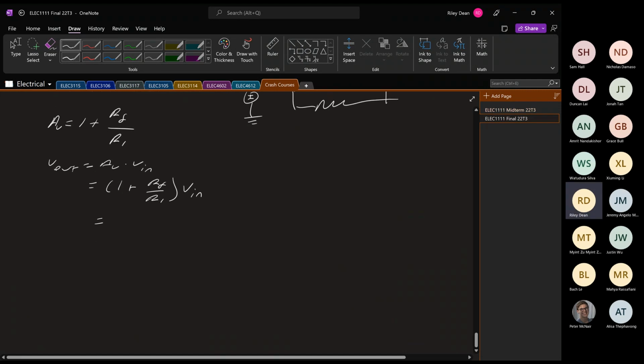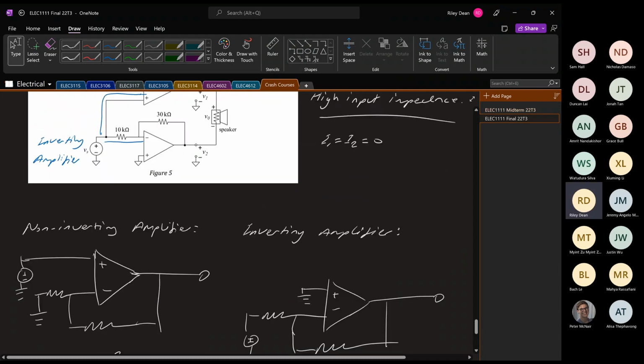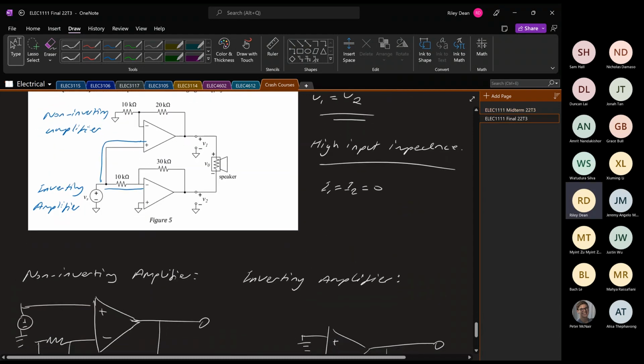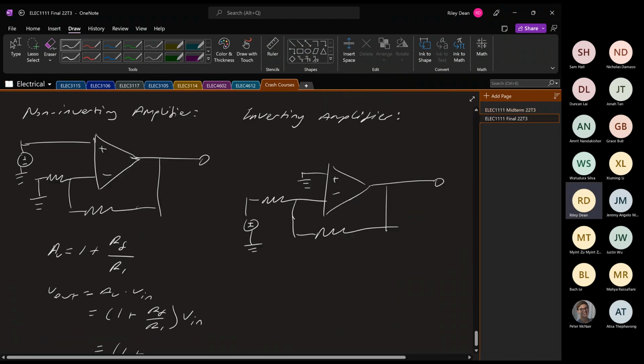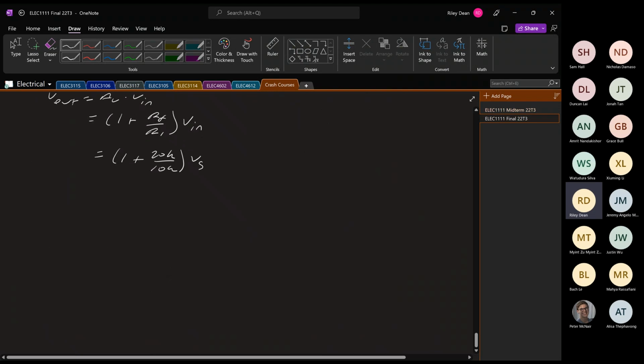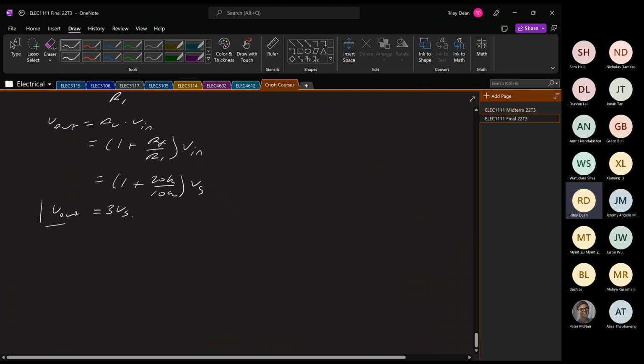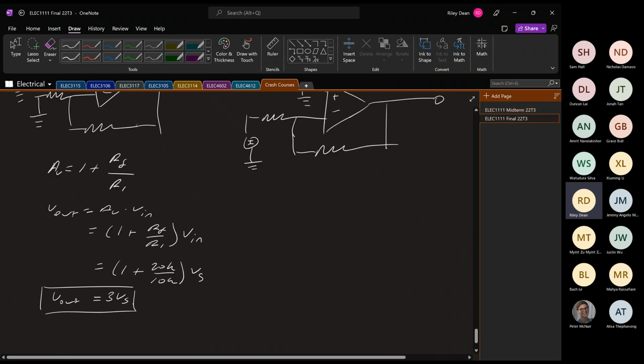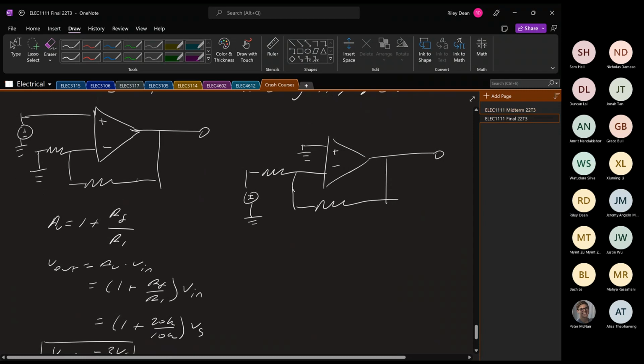So we just need to change some symbols around. So we go 1 plus, let's just check. So we have here, that is RF. It's R1. So we get 20K and 10K. And V in was VS. So V out equals 3 VS. So that is how we do our non-inverting.